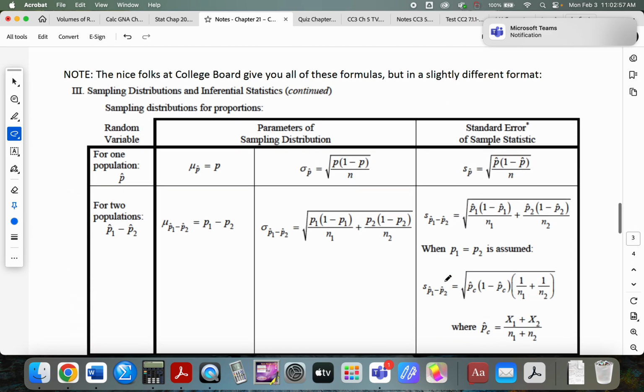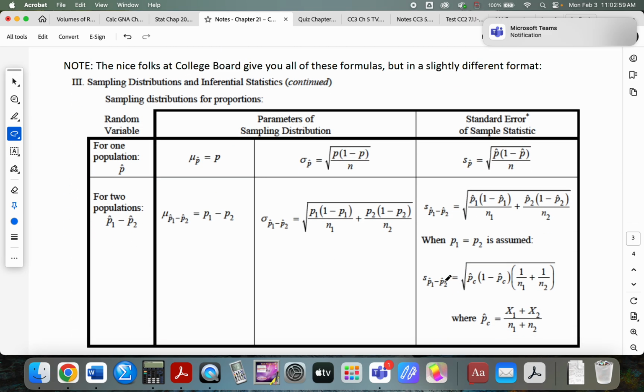All right, let's do a little bit on page 3 real quickly. These are on your formula sheet, and this is the way that they look. So we're talking about this part right here. The mean difference between the two is the difference between those two proportions.